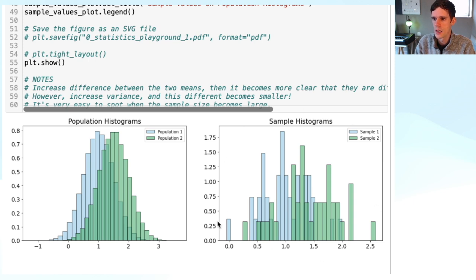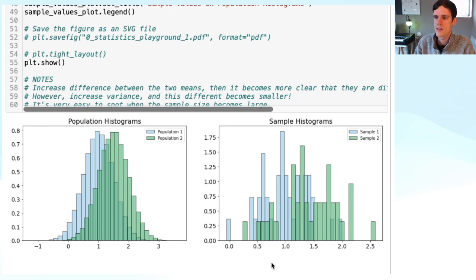Let's start with the visual aspect. The sample histograms, they are messy. They do not exhibit this nice emergent shape of our population histogram. In fact, if we would just start with our sample histogram and look at it, it would be very difficult to derive that these samples are a subset of a population that is itself normally distributed.